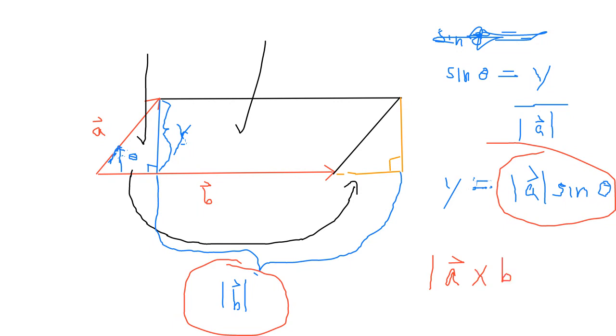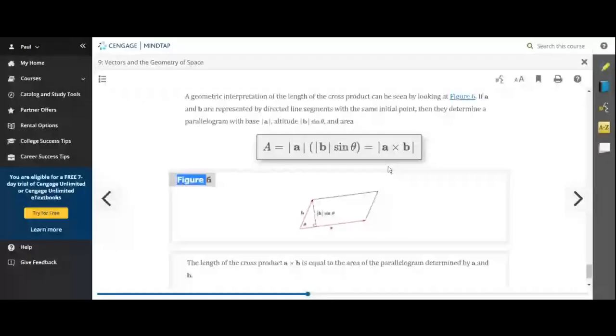I'm sorry, the area of the parallelogram can be represented as the magnitude of the cross product of the AB vectors. That's what they're trying to get across in this picture here.